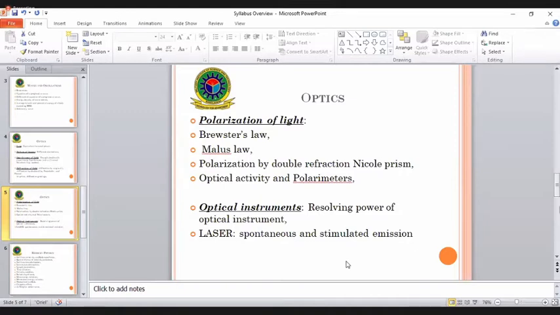Yes, microscope, right. So what is your total estimate? How many students do you have in total? Around 100, ma'am. 93.